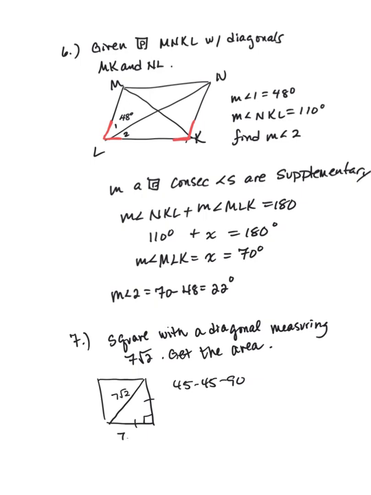To get a leg, remember from the last unit, you have to do 7 rad 2 divided by rad 2, which is 7. So then we get the area, which is 7 squared, which is 49. So here's the thing. You wouldn't be able to do this math without the geometry. This is one of the amazing things about geometry.